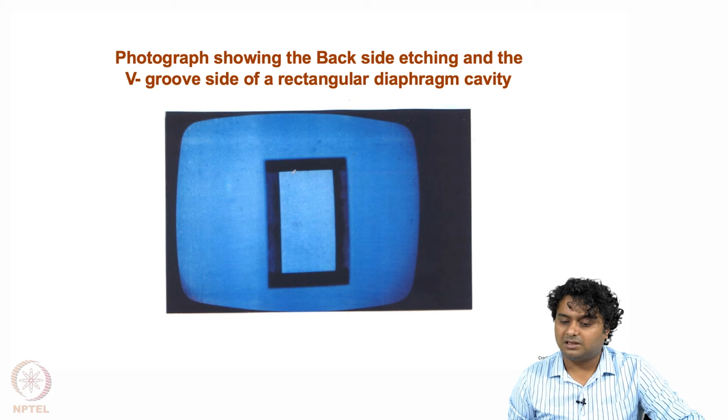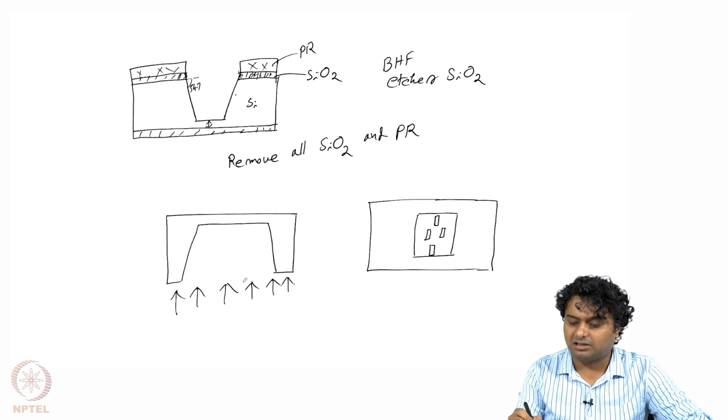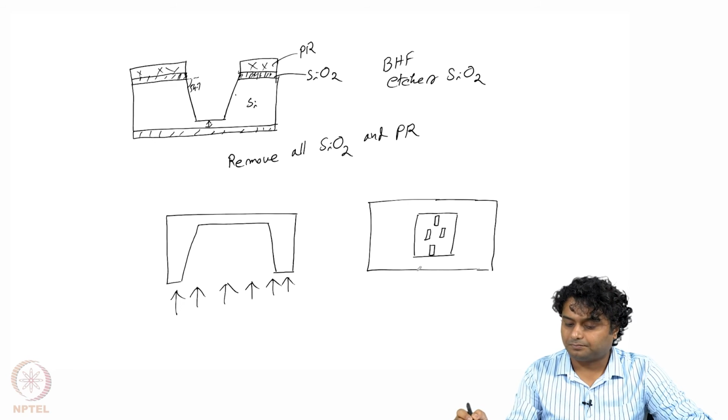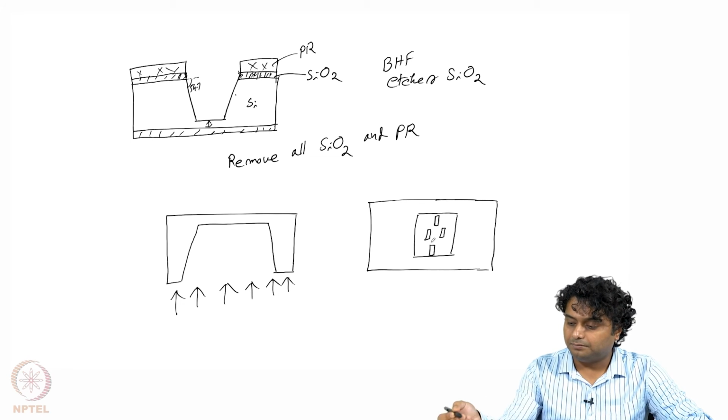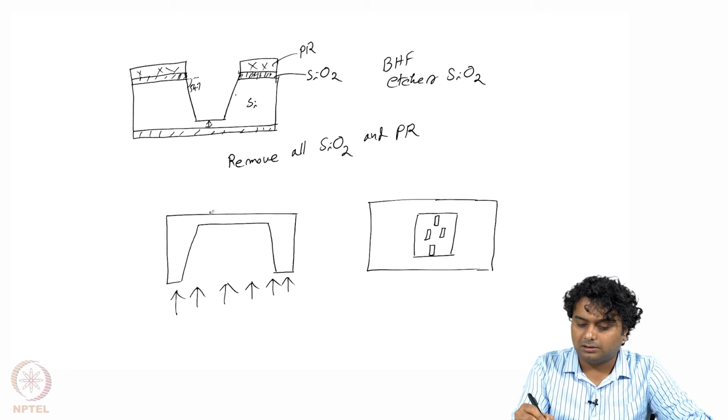This dark space is the cavity where light is not reflecting, so that you can understand. This is the membrane. Now once we have this structure with piezoresistors made on the top like this, so here the piezoresistors are made.